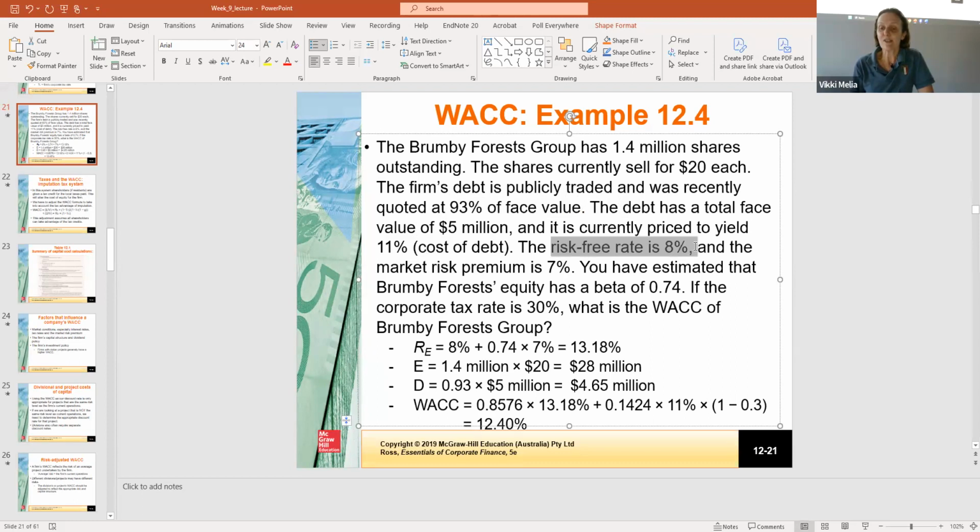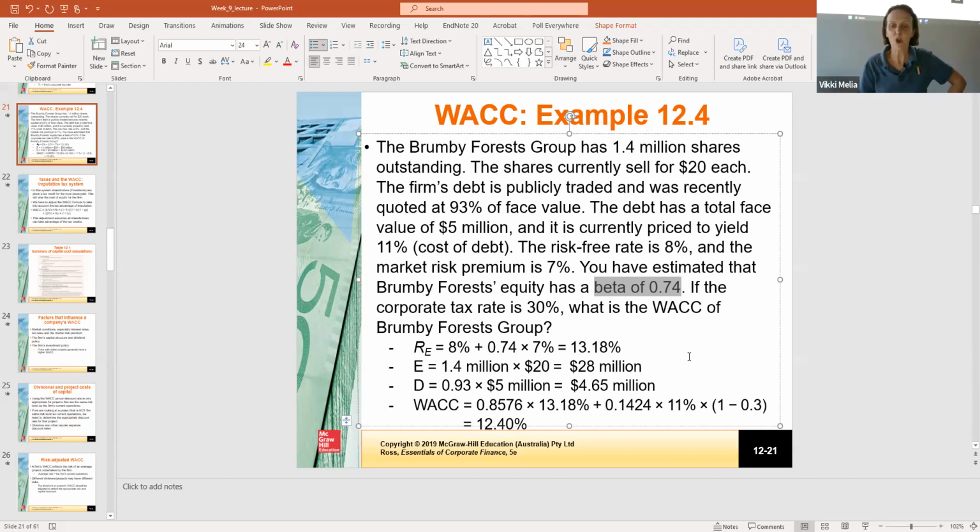We've got the risk-free rate, RF. We've got the market risk premium, and we've got beta. What method are we going to use to work out the cost of equity? CAPM. We've got beta and risk-free rate and the market risk premium.